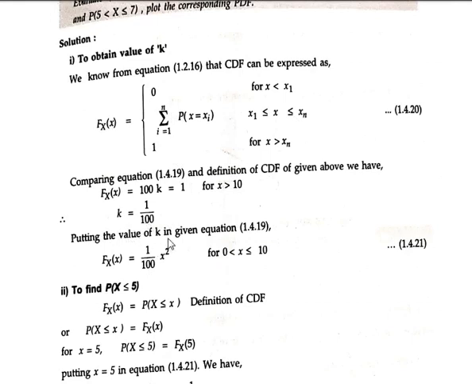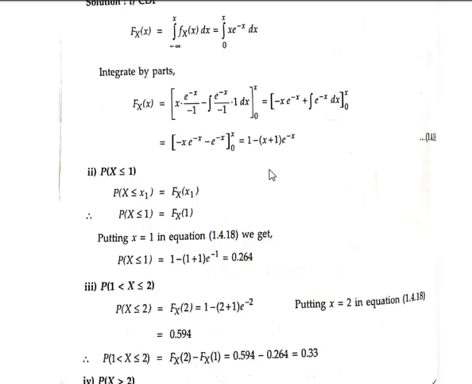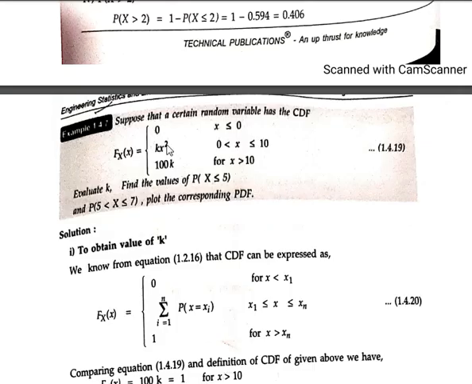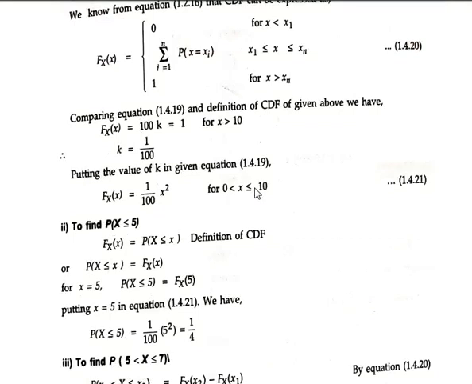Once k is found, we substitute it in the range where x is between 0 and 10, so it is k times x square, which is x square divided by 100.